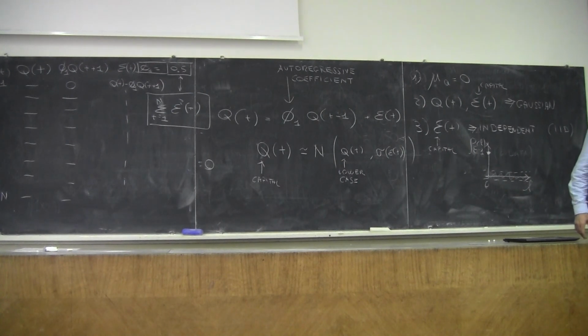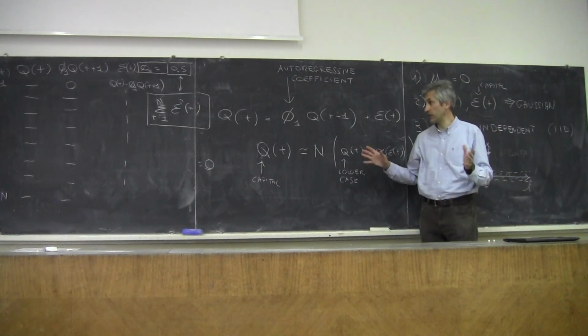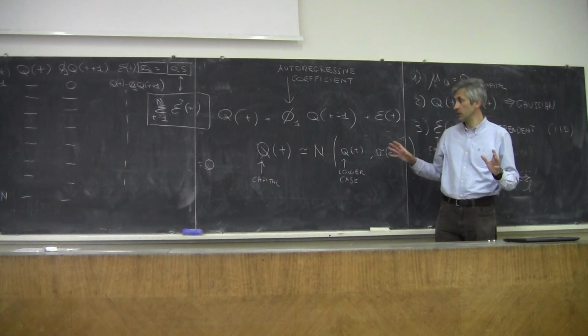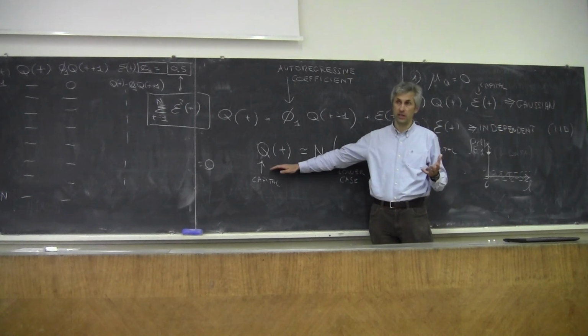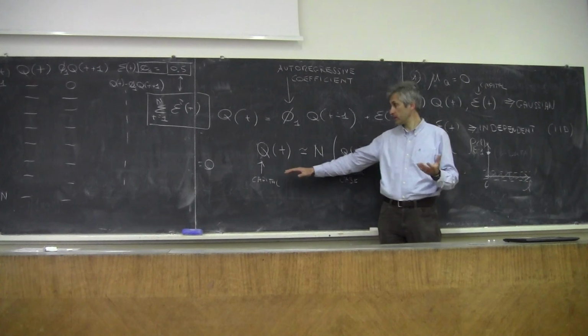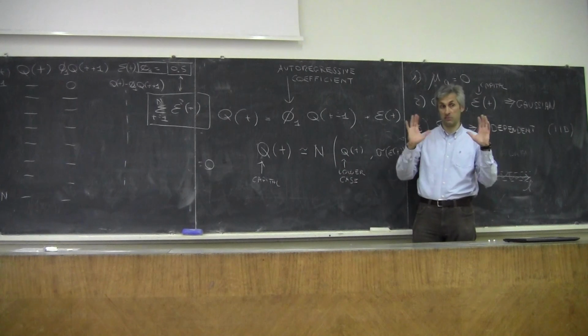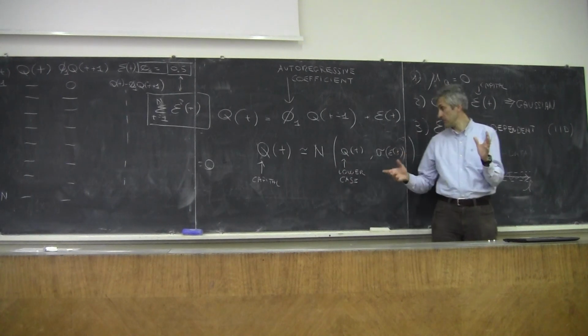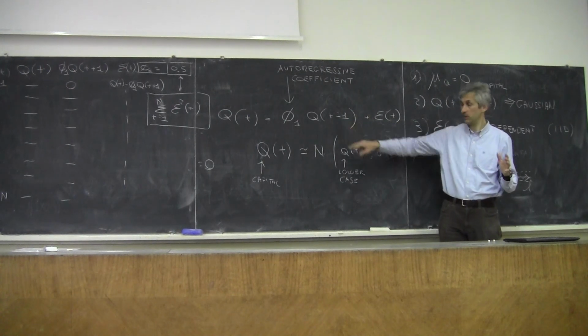The meaning of this relation? It's just to provide you with the probability distribution. So basically, I indicated here a random variable, and the probability distribution is Gaussian, and this is by assumption. And the mean value is given by the autoregressive relationship.